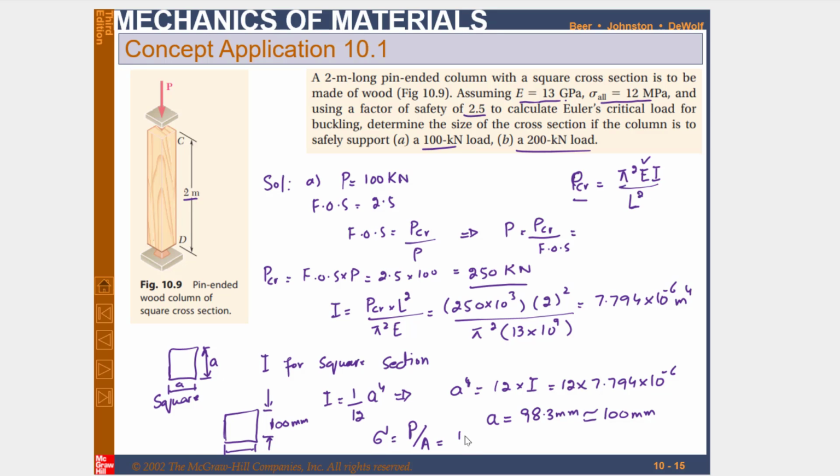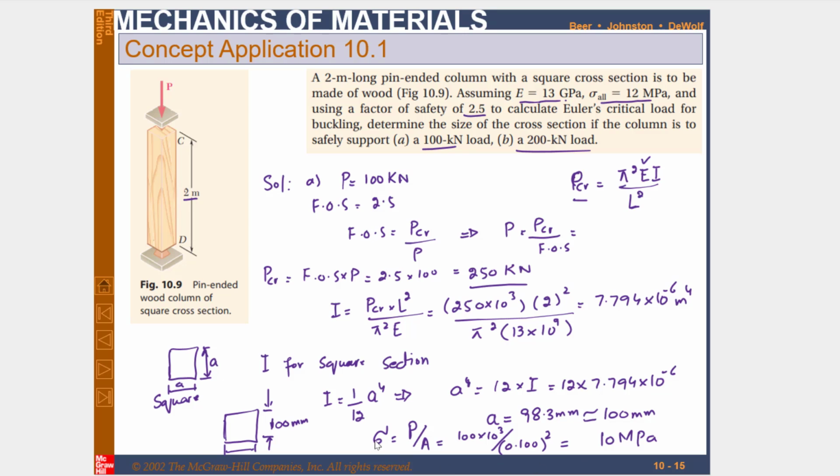So you have P, which is 100 kilonewton. So 100 into 10 raised to the power 3 divided by area, which is A square, and this A square will be 0.100 square, because this is in millimeter and you have to convert into meter. So this stress will be equal to 10 megapascal.